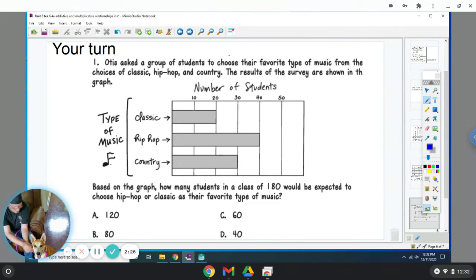Okay, so this is just a little bit off the wall one. Classical right here is 20. Hip-hop is 40. So you would add this together to be 60. That's not right.